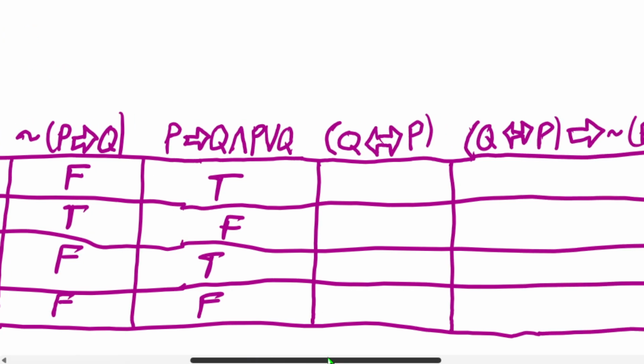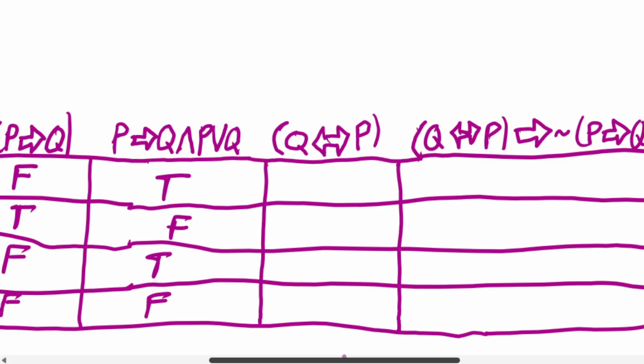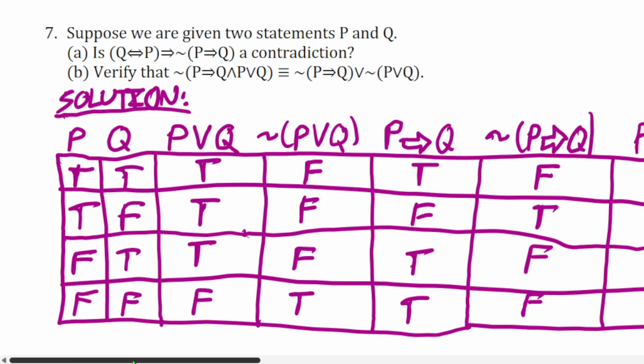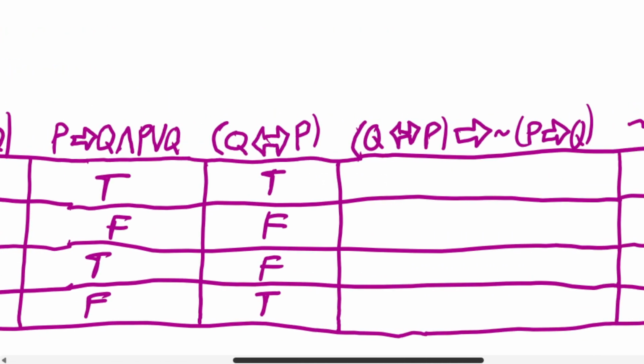Then for the biconditional, we have true, false, false, true. And then this is the statement we want to determine whether it's a contradiction or not.